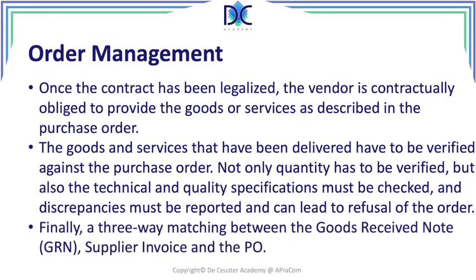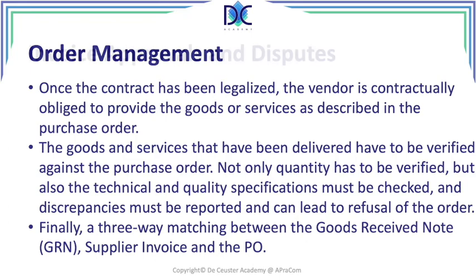Now, what we have to do is the three-way matching between the goods received note, we call it the GRN, these are the goods that we received, the supplier invoice, and the purchase order. So basically here we have the verification with all the parameters together to be sure that everything has been accepted, everything has been delivered as we ordered it.